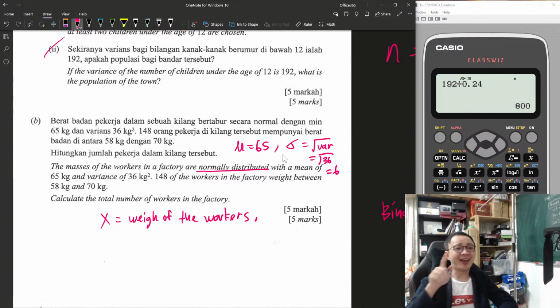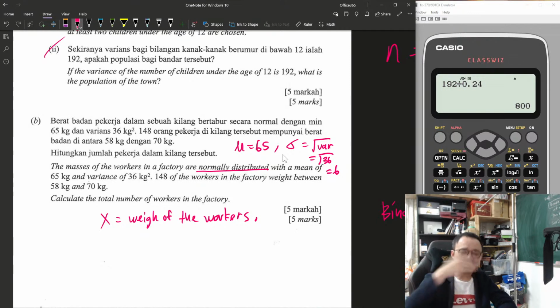If X can have decimal, so yeah, we can have the weight like 1.6 kg, right? It makes sense, 1.65 kg, 1.651 kg, we can have decimal. So this one is a normal distribution. If the question doesn't tell you and you're not sure whether this one is binomial or normal distribution, you can decide, because for binomial, the X cannot have decimal, and for normal, yes, you can.